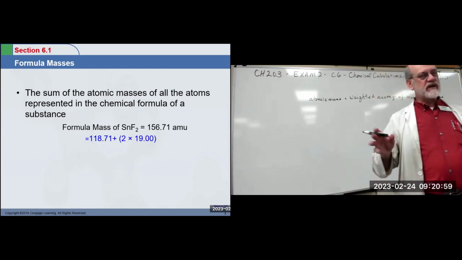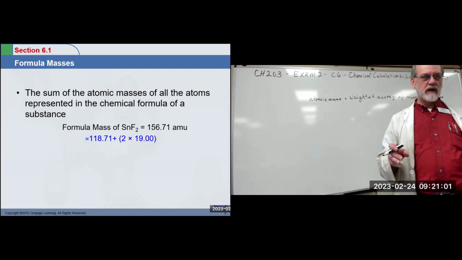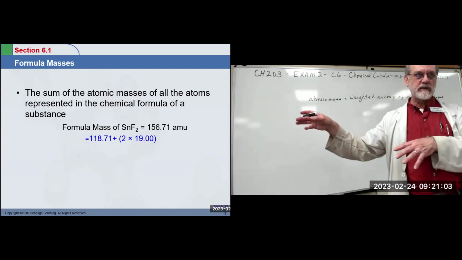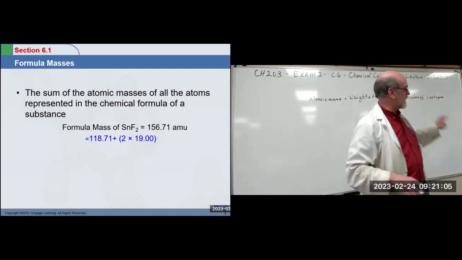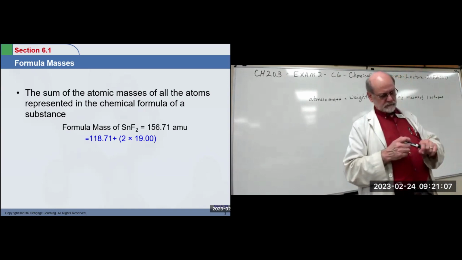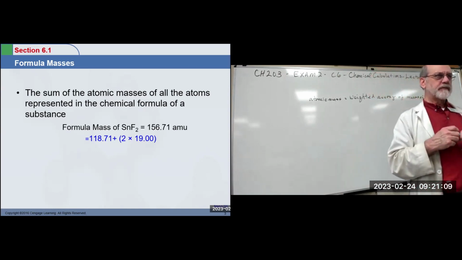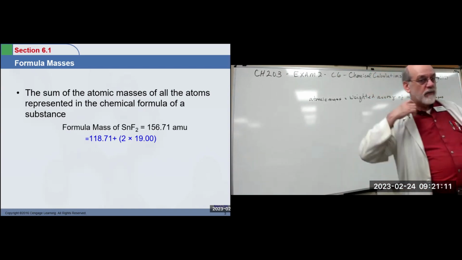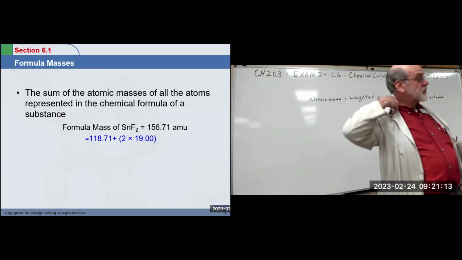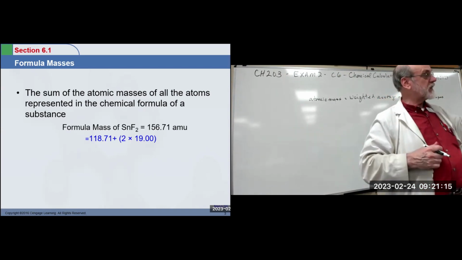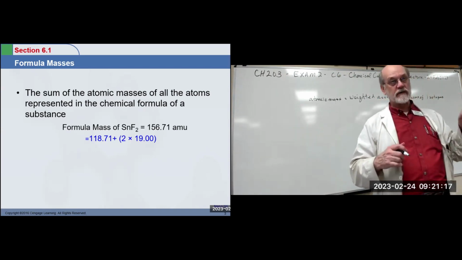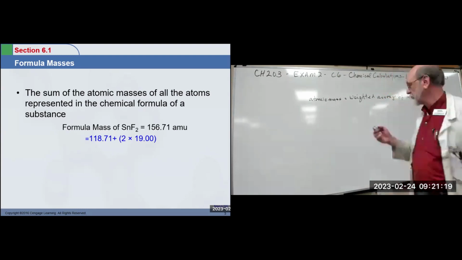And they'll always be decimals. There'll always be a number, point, something, something, something, because they are weighted averages. They'll never be whole numbers. There's only one whole number associated with any of the elements on that table, and that's the reference element, the reference isotope.